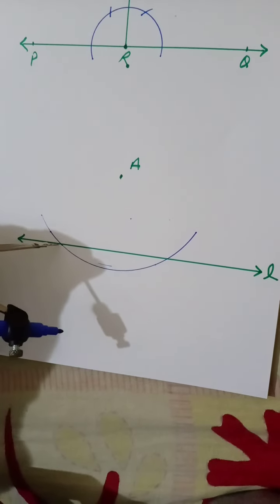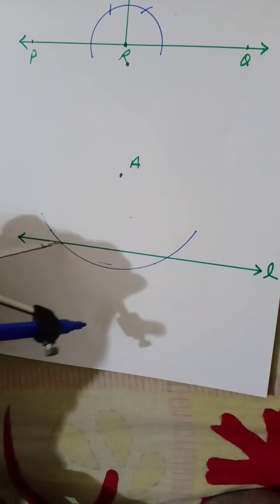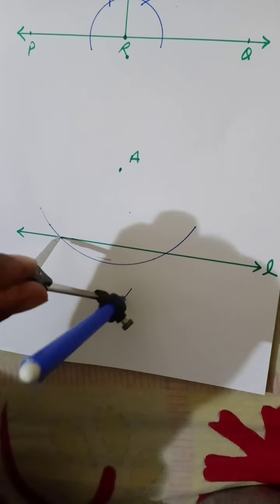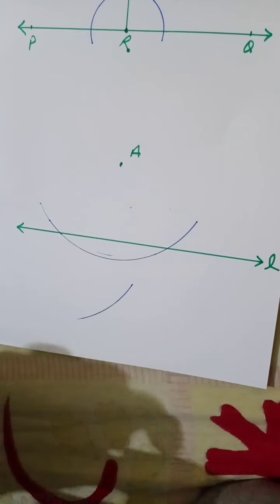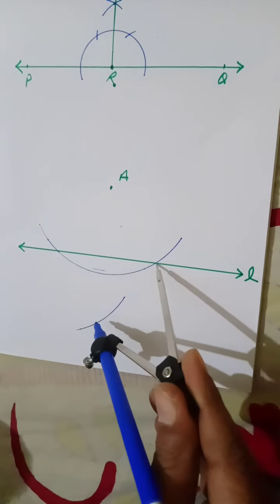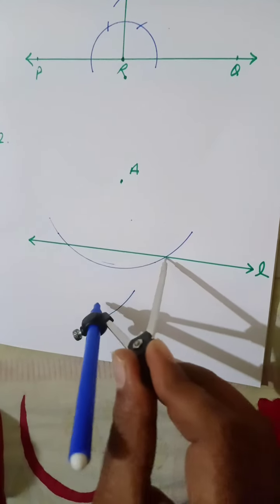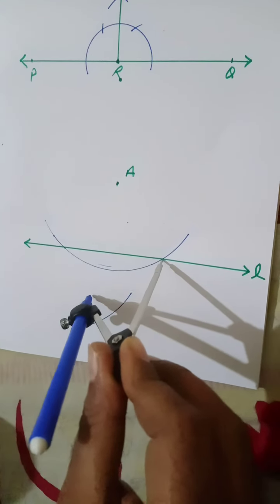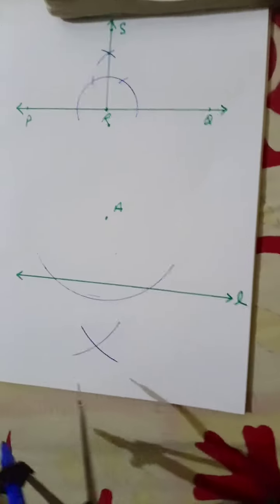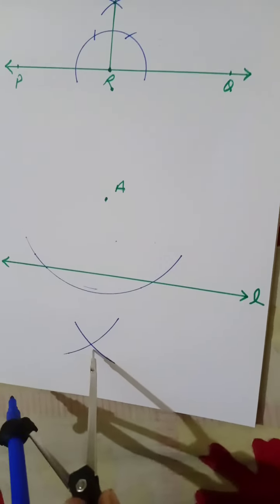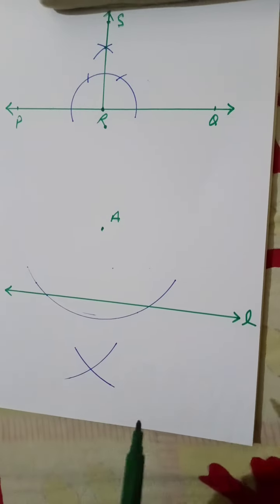Now put the needle here and draw another arc just below previous arc, and then put the needle here. You will not change the radius of the compass here, and draw the another arc which intersect previous arc here like this, and you will get this point.